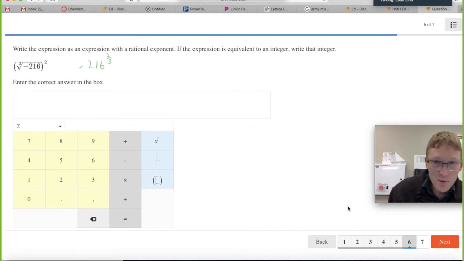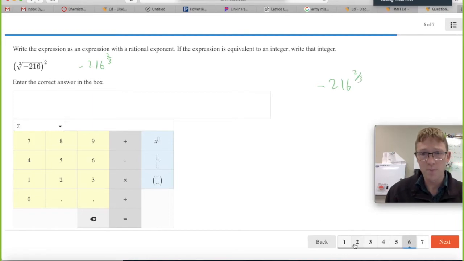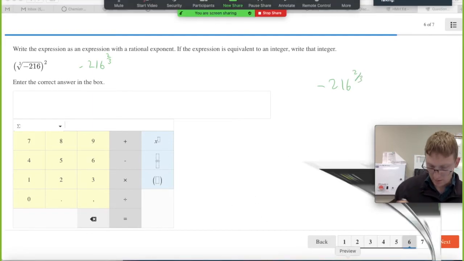So I'm going to end up doing this on my calculator anyway. So we'll write negative 216 to the 2/3 anyway. Pull my calculator back up.